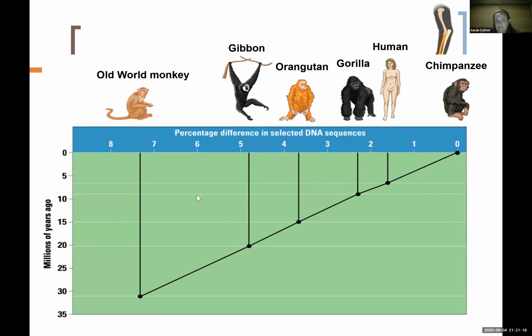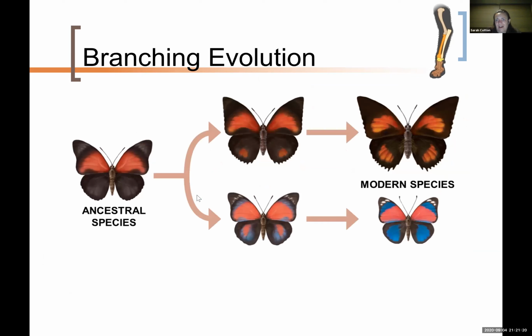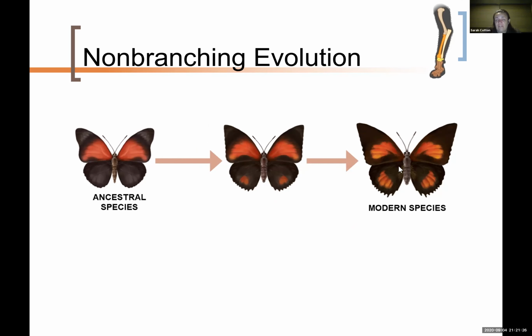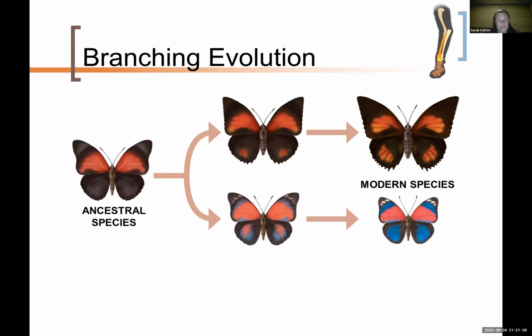Well, there's got to be a lot of branching evolution happening to get up to 10 million. Otherwise, we'd only have one species. If all evolution was non-branching, we would have started with one species and we'd still be at one species. So while non-branching evolution certainly does occur, there's also a lot of branching evolution.